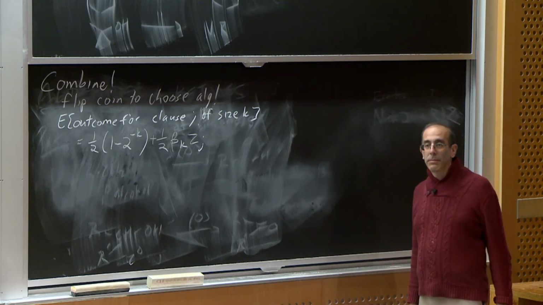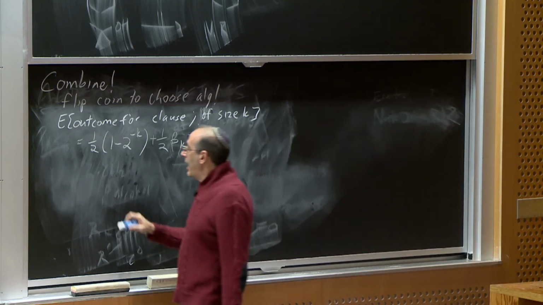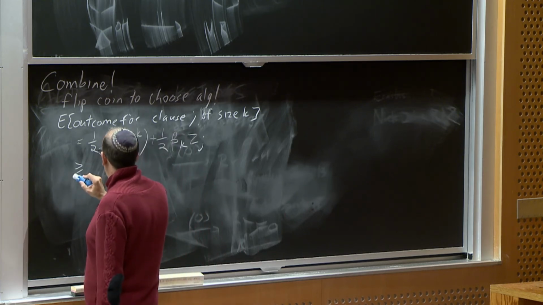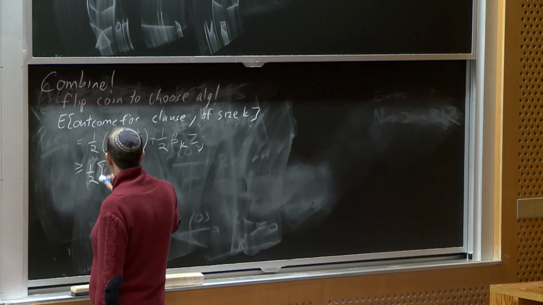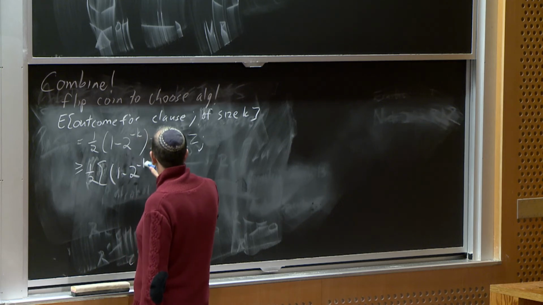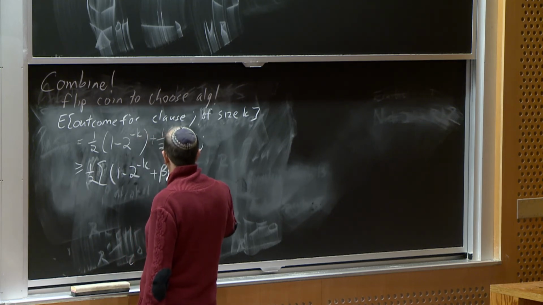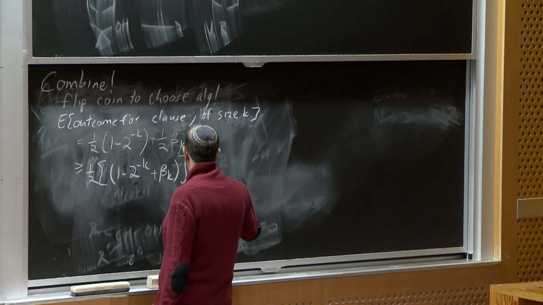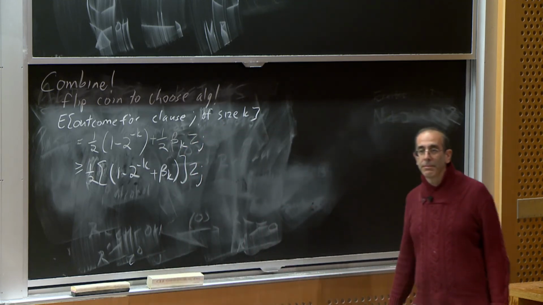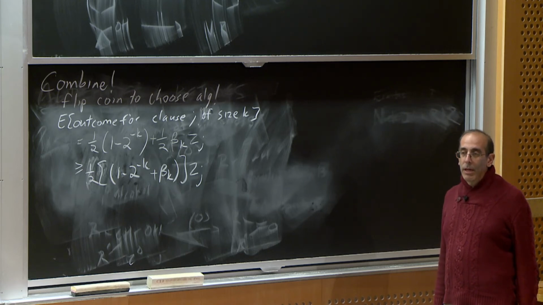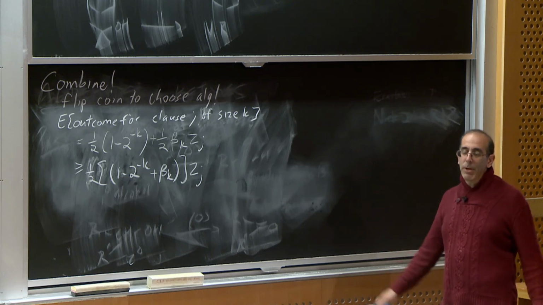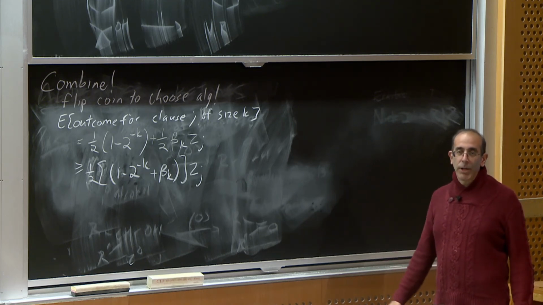Now, zj is at most 1, so this is at least 1/2 times (1 minus 2 to the minus k plus beta k) times zj. So this is the expected truthiness of clause J when I randomly pick my algorithm and then act randomly according to the algorithm.